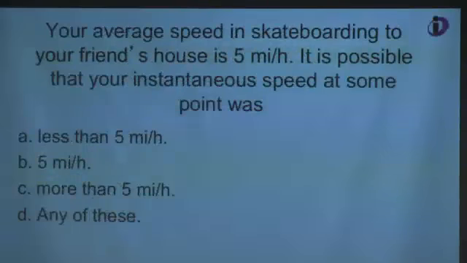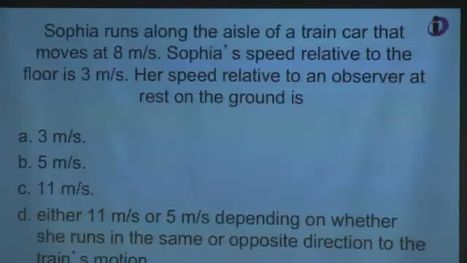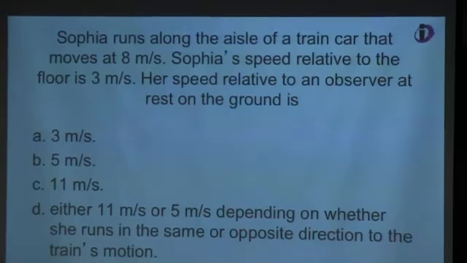I want to ask this one. Go. Polling is now open. 20 seconds. 10 seconds. 5.